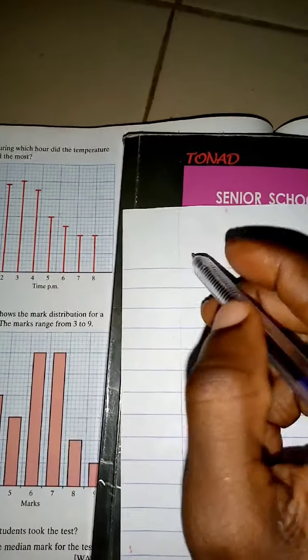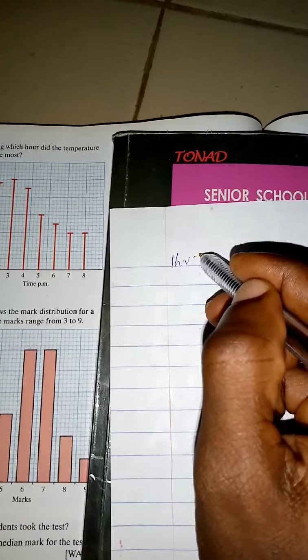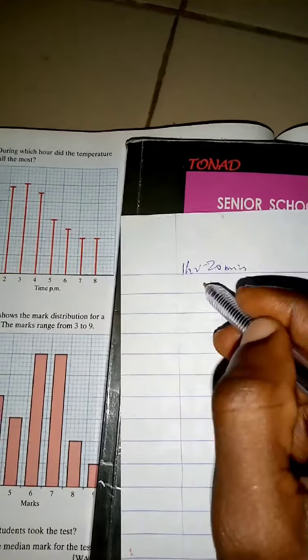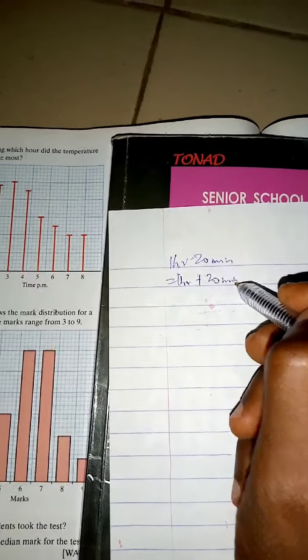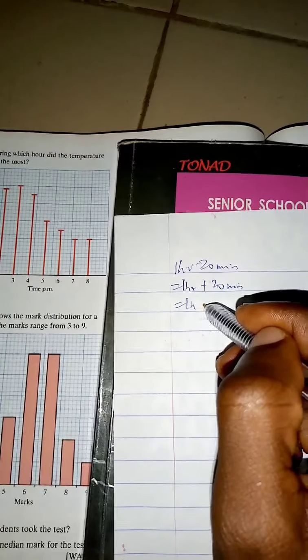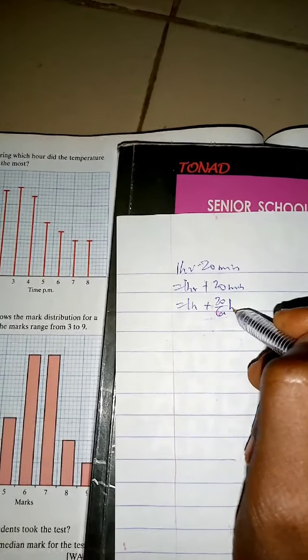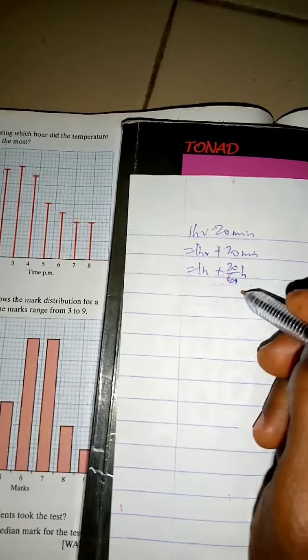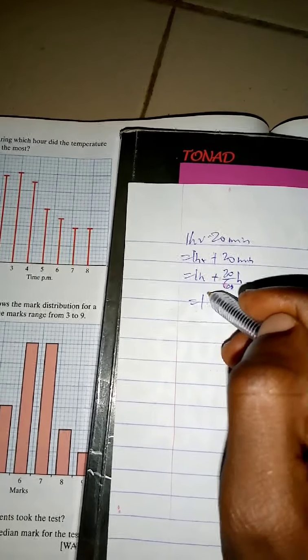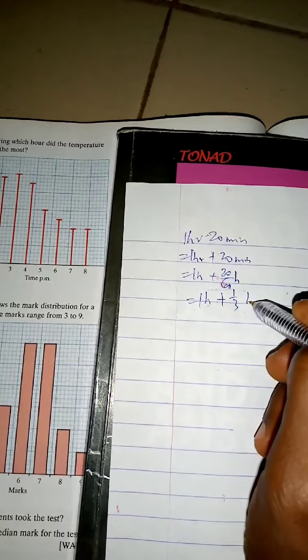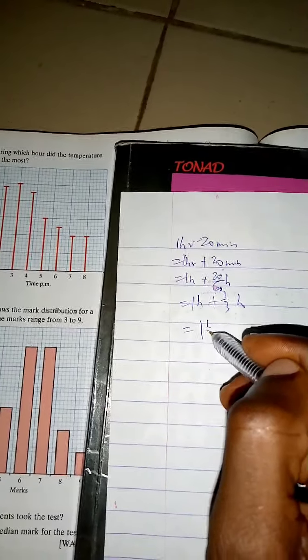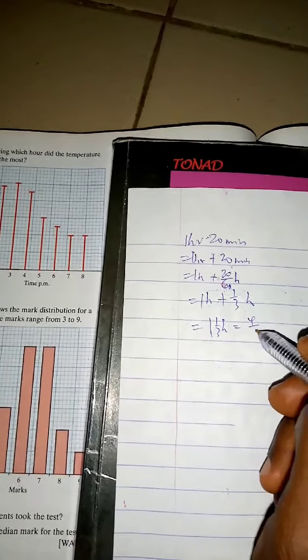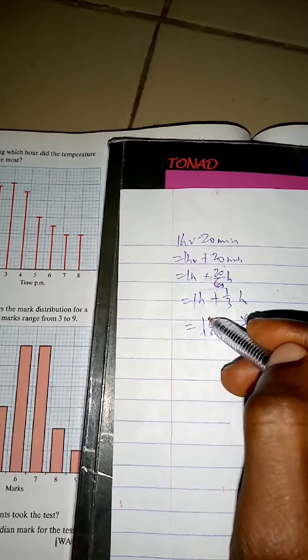I'll first change the 1 hour 20 minutes to hours, and that is 1 hour plus 20 over 60 hours, because 60 minutes will give you 1 hour. That is 1 hour plus 1 over 3 hours, which you can write as 1 and 1 over 3 hours, which is 4 over 3 hours.